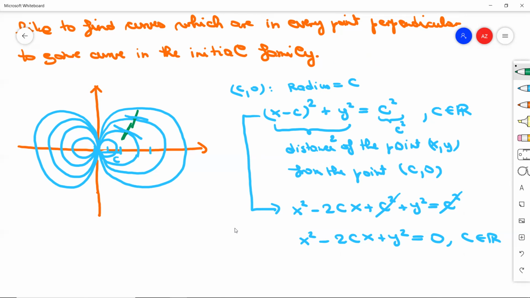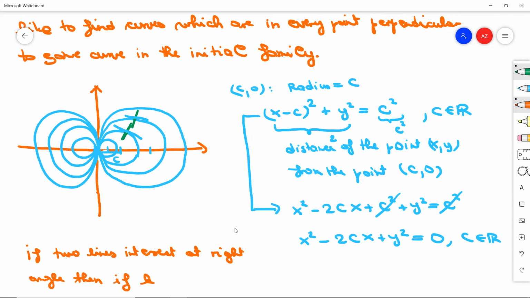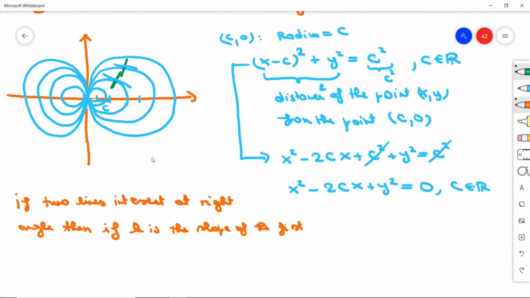So if two lines intersect at a right angle, then if k is the slope of the first, you know from analysis that the slope of the second must be minus 1 over k.